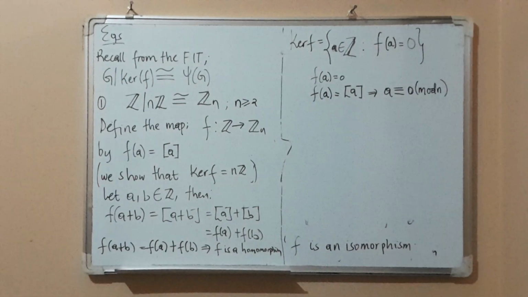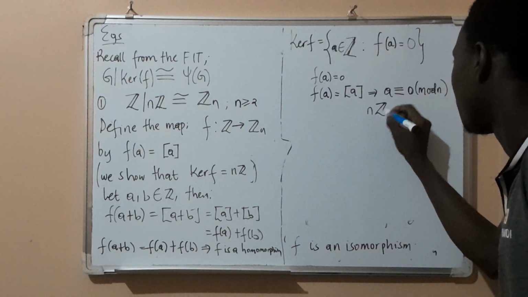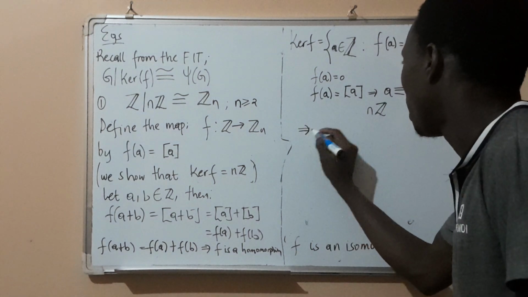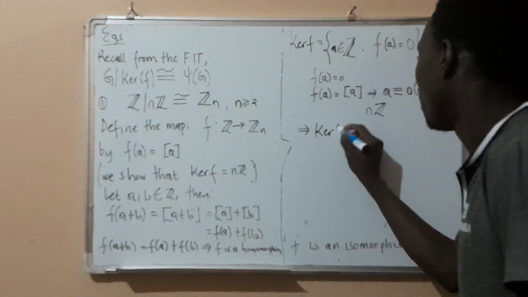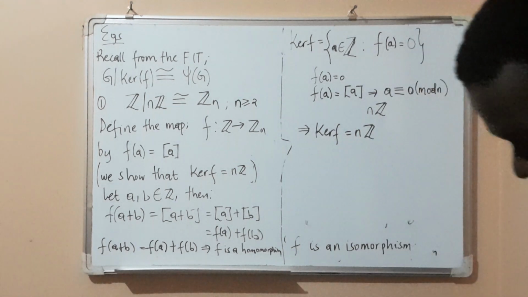Yeah, multiples of n. So such elements which satisfy this are of that nature. So in particular, we have our kernel of f as nZ.